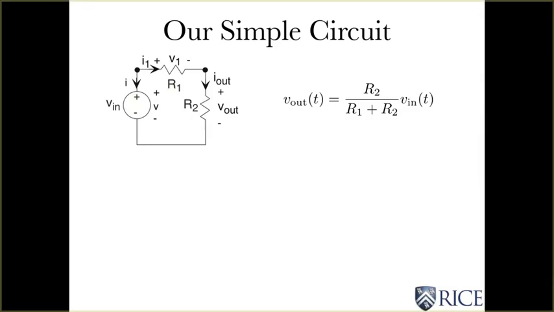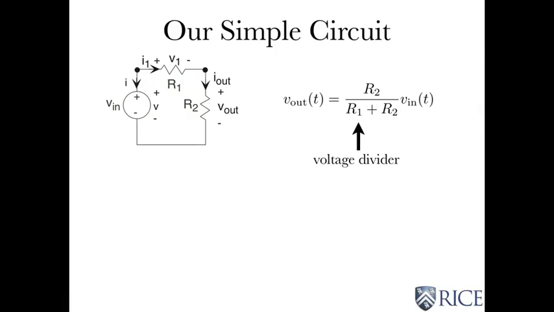We have a series combination of resistors and a voltage source. And what we calculated last time was the output voltage was proportional to the input voltage with the constant of proportionality that's the resistor R2 divided by R1 plus R2.